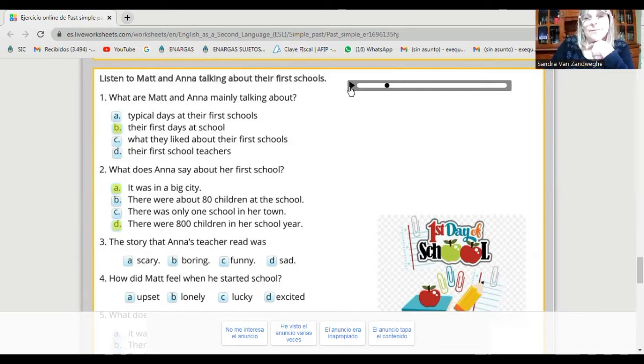There were about 800 children in the school I went to. So you can imagine that the first day was very scary. The first day was scary. O sea que tengan cuidado con esto, ¿eh? Está hablando del primer día, no de lo que leyó la teacher.